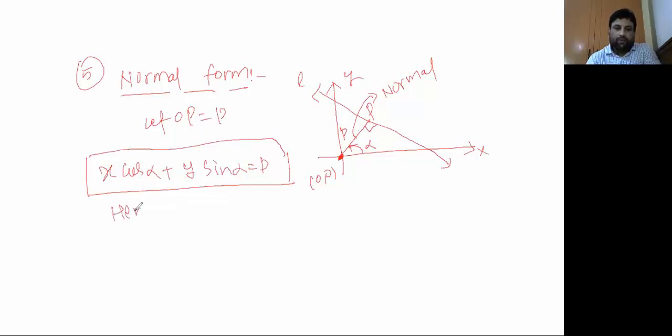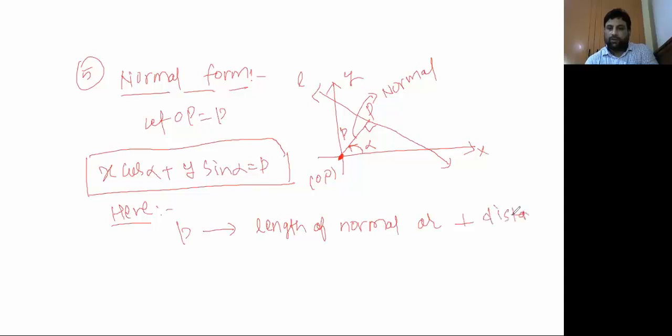Here p is called the length of normal, or indirectly we can say the perpendicular distance of the line from the origin.